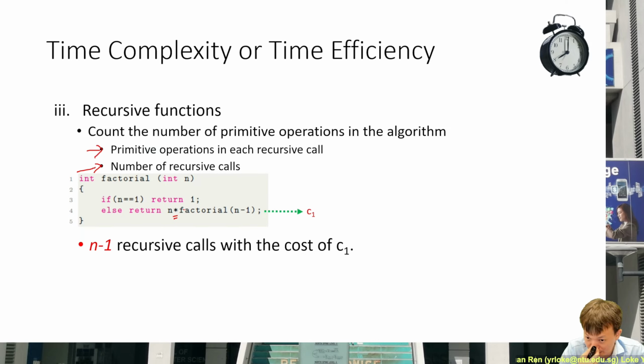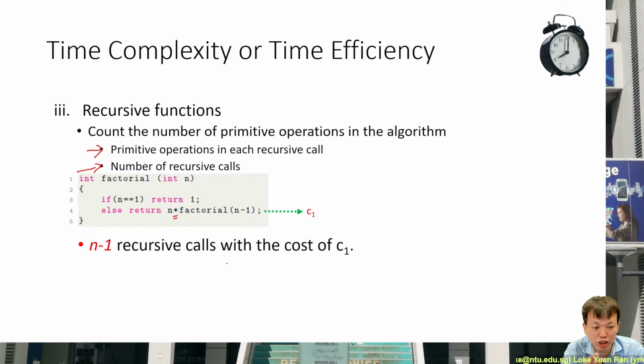Then how many recursive calls did you make? In this example, you did n-1 plus itself, a total of n function calls. Each of them only does some operation in constant time C1, maybe multiplication, n-1, whatever. Anyway, it's just a constant time in each.